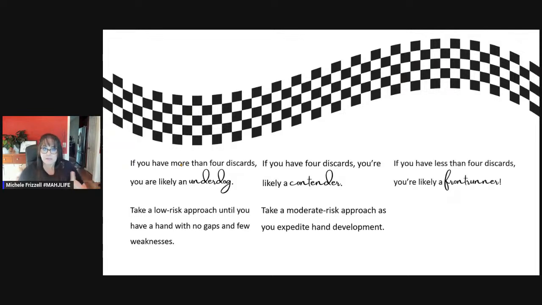If you have less than 4 discards after the Charleston, you're likely a front runner. This is when you expedite hand development regardless of risk. You push to win as quickly as you can because you got to stay in front. You may have other contenders at your heels or maybe another front runner. So you need to expedite hand development.